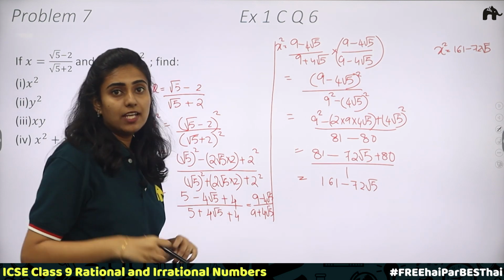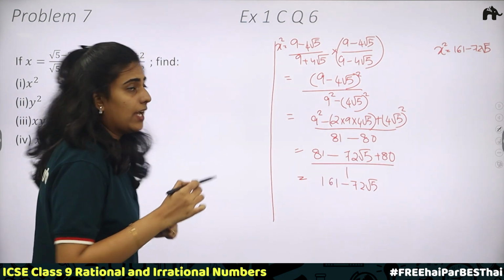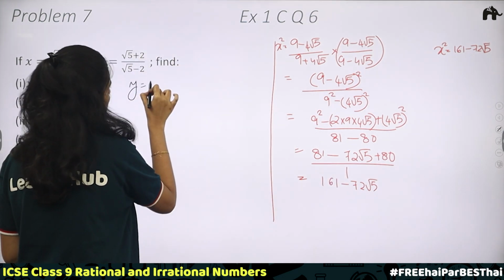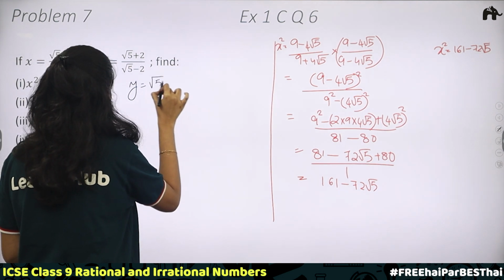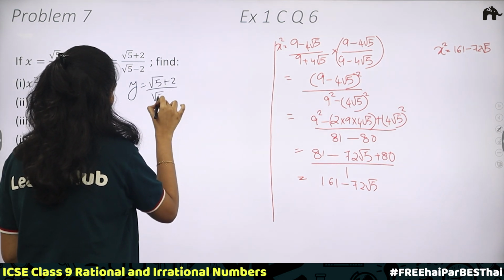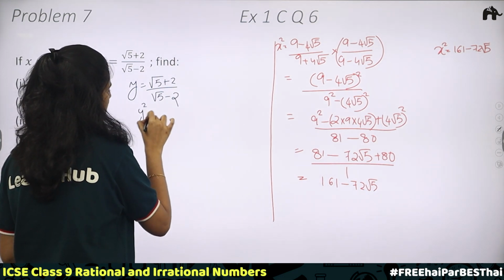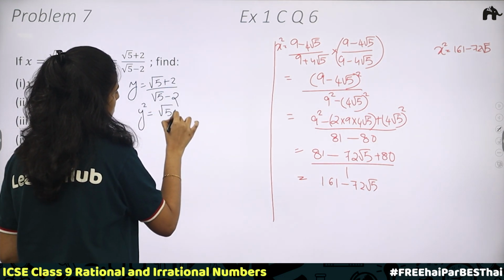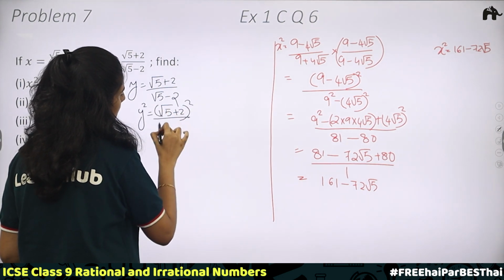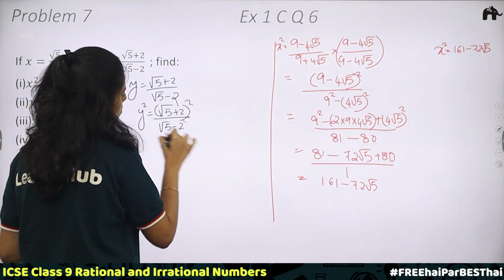Okay, now let's find what y square is. We have y equal to (root 5 plus 2) divided by (root 5 minus 2). Then how to get y square? Y square will be equal to (root 5 plus 2) whole square divided by (root 5 minus 2) whole square.